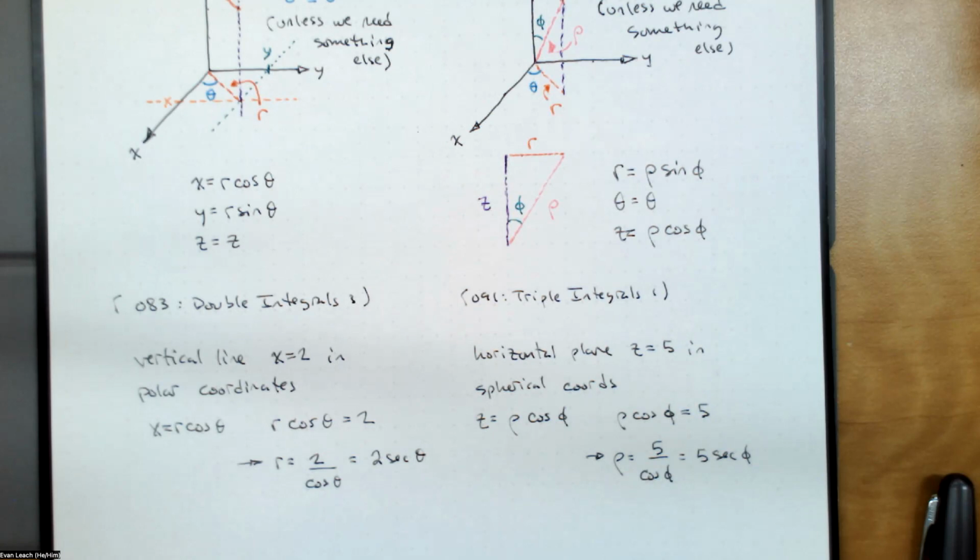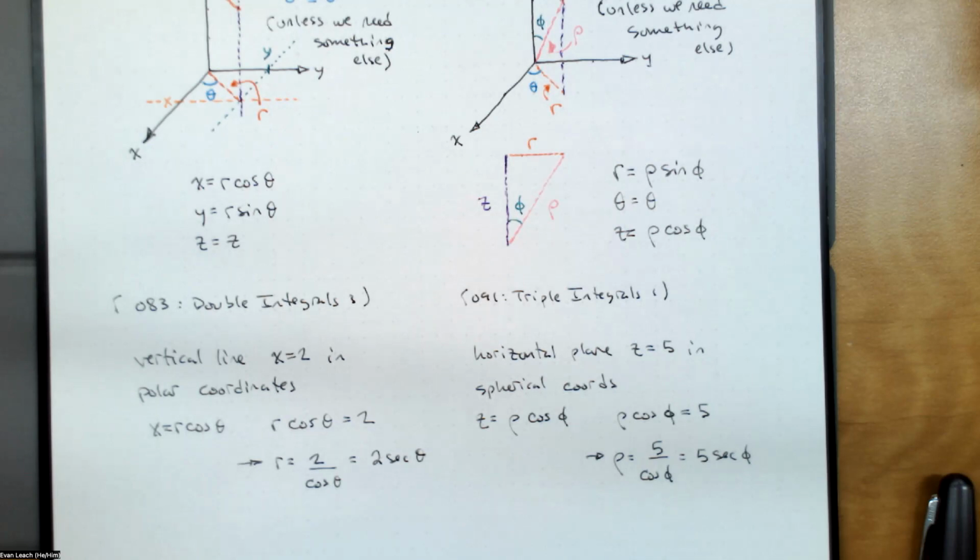If we think about what secant looks like, or better yet, what cosine looks like, when phi is equal to 0, cosine of 0 is 1, and so rho is 5 over 1. Then as phi increases to pi over 2, cosine drops down from 1 to 0. Think about the unit circle.